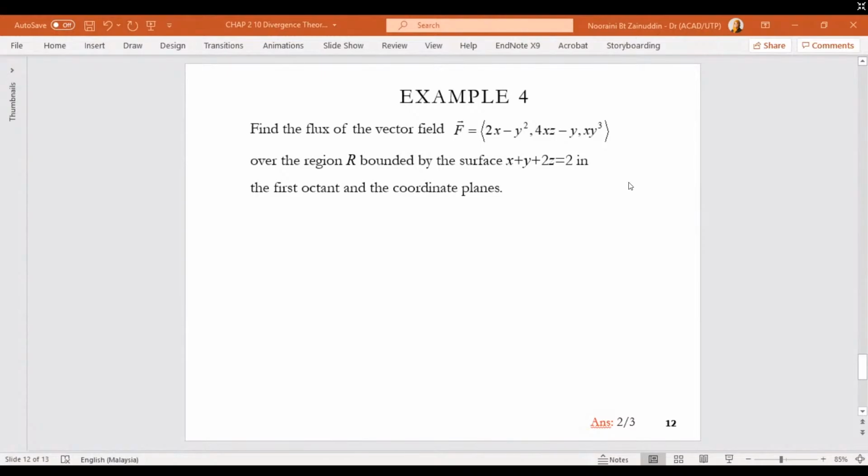How about just now, because r cos theta and r sin theta? That one is a circle. If it is a circle, r cos theta, r sin theta. How about z? No z, z just stays as z. Just x equals r cos theta and y equals r sin theta, that's all. Yes, that is for a circle. But for a sphere, you need to use spherical coordinates. Okay, thank you, madam.